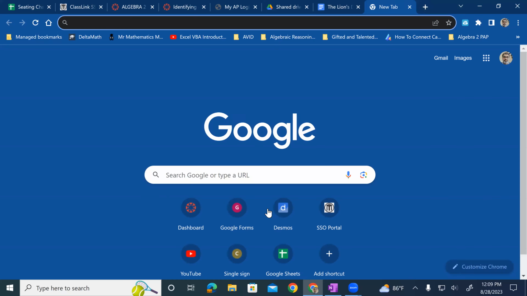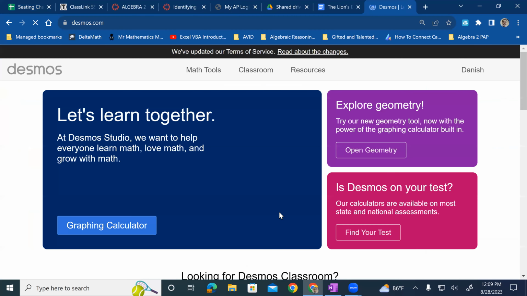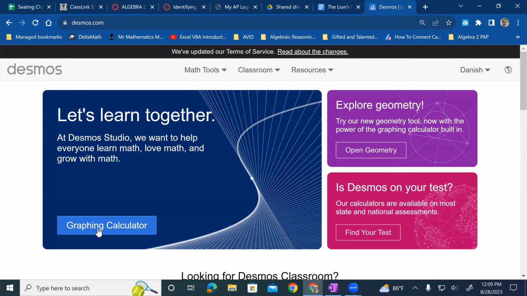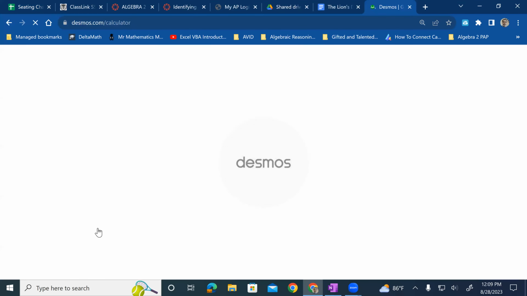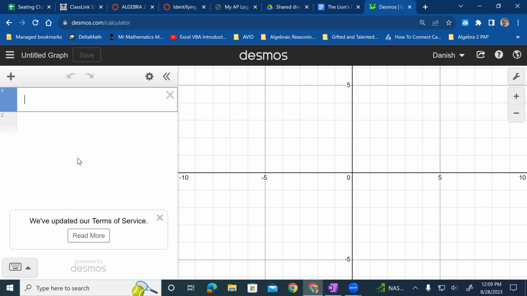Decimals. In decimals, what will I do? In the graphic calculator, the logarithmic function log of x. That's how the function is plotted.